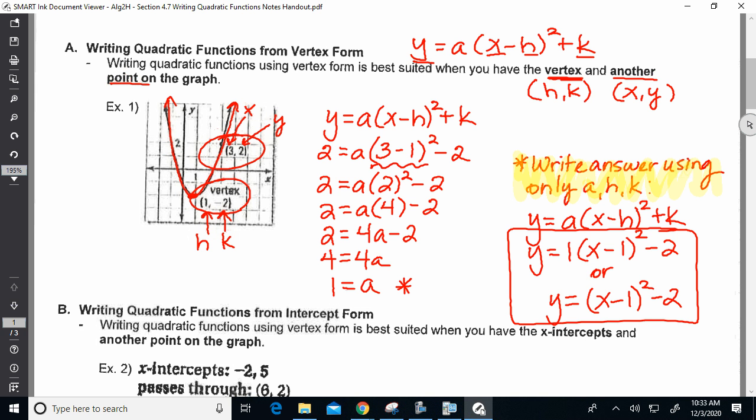So, questions, example number 1? Not seeing or hearing any? Then let's do part B. Let's move to the next one.